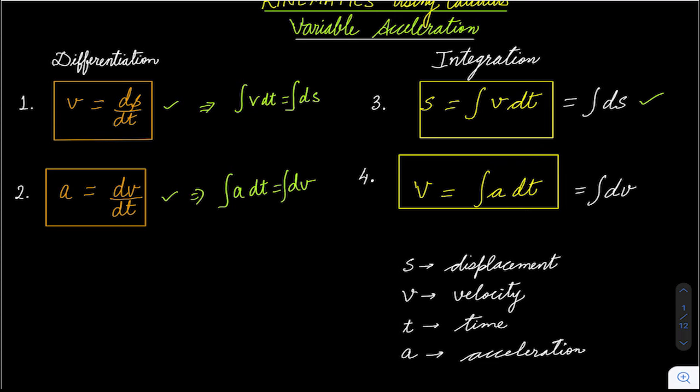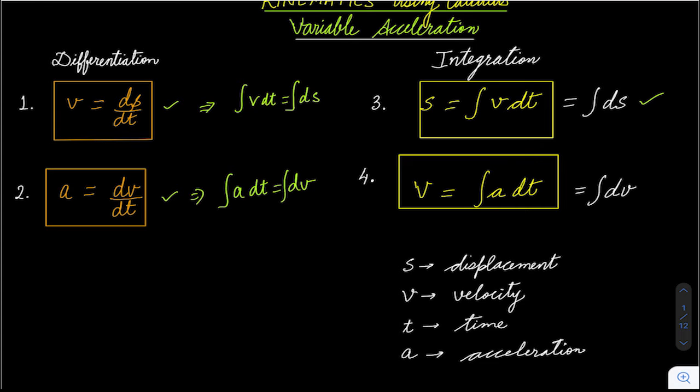Now these integrations, we know there are two types, indefinite and definite. Indefinite means we use a constant of integration, and definite means we have limits, a lower limit and an upper limit. We will understand which integration to use, definite or indefinite, when we solve questions.